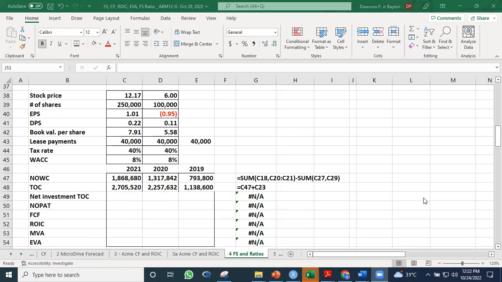How do we compute for the net investment in total operating capital?